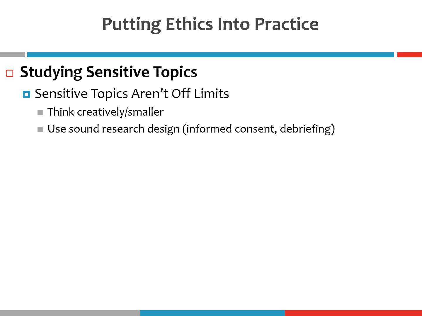And with Milgram's obedience study, we saw the importance of debriefing, right? So it's very important to include those components. But let me show you some examples of how we might study sensitive topics creatively or on a smaller scale.